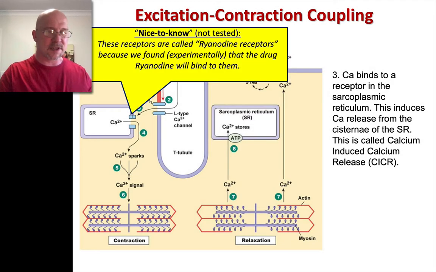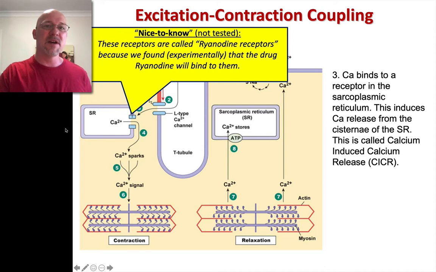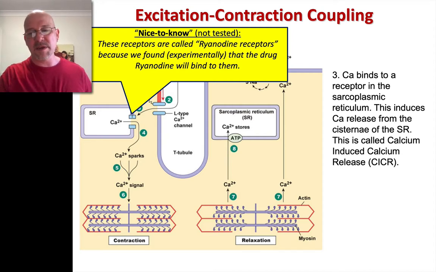Now, if you want to dive a little bit deeper here, this is geek stuff, but I fully encourage you to geek out. These receptors here are called ryanodine receptors because there's a drug called ryanodine that will bind to them. So it's a convenient name to call that.